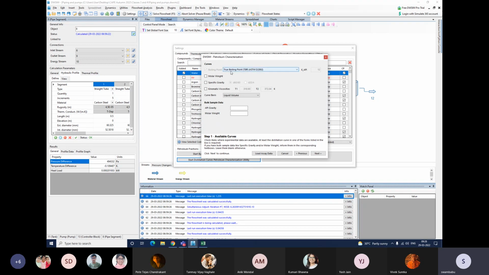Here we can generate these assay curves based on the true boiling point data, differential distillation with no reflux, differential distillation with no reflux under vacuum, and simulated distillation. We can use any one method. I just explained only TBP and differential distillation.